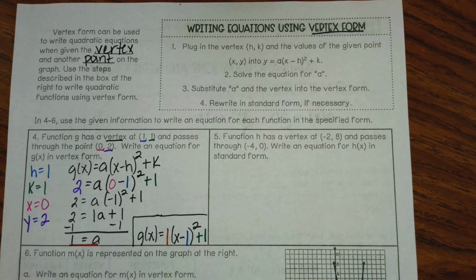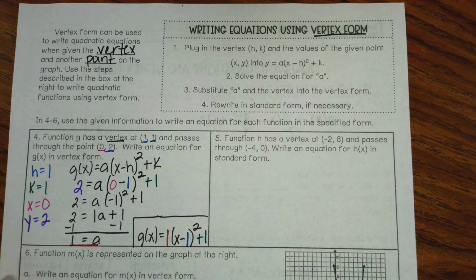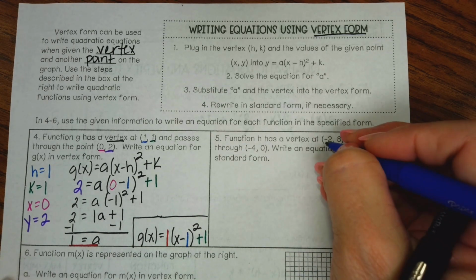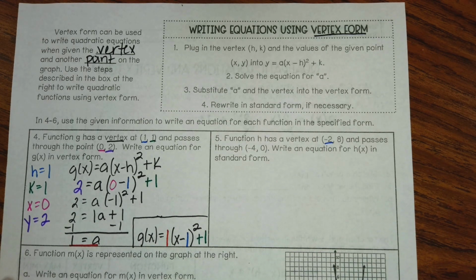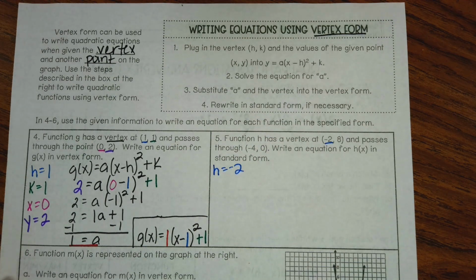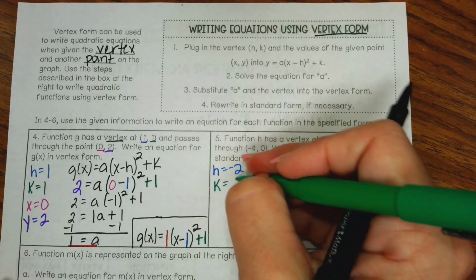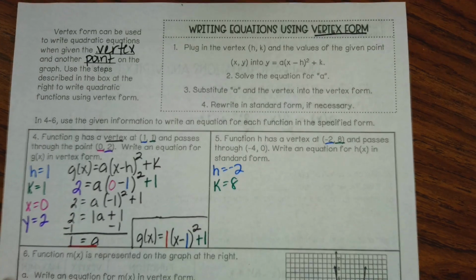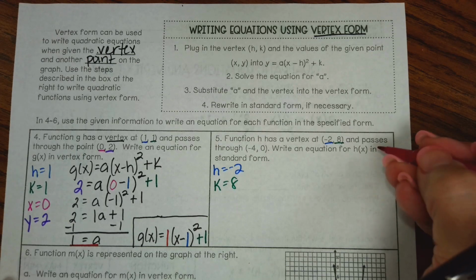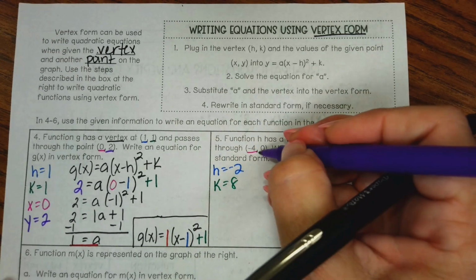Okay, let's do that again. Number 5. Function h has a vertex at negative 2, 8. So my h value is going to be negative 2, and my k value is going to be 8. All right? And it passes through the point negative 4, 0.